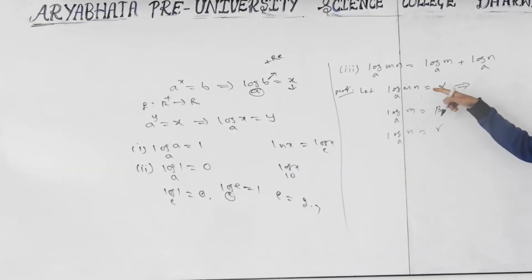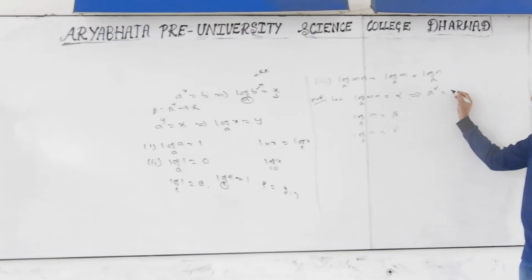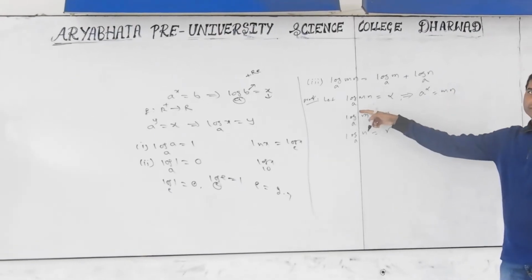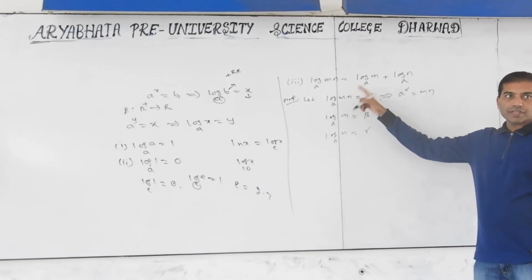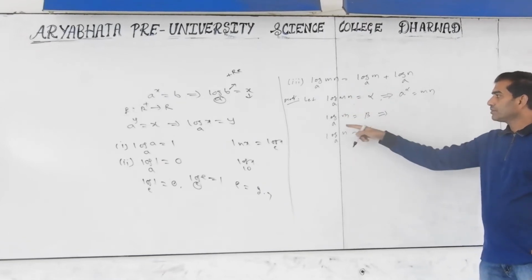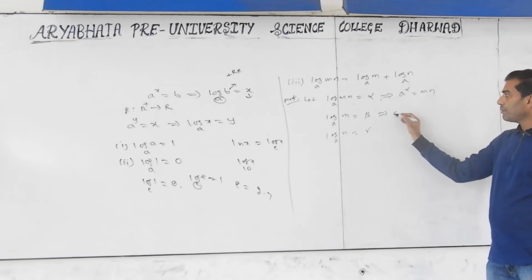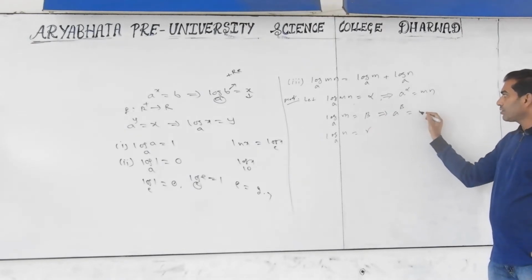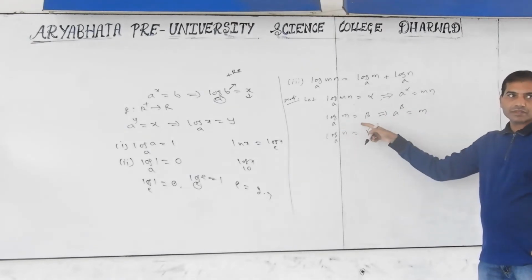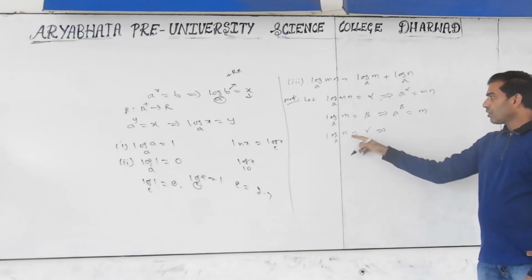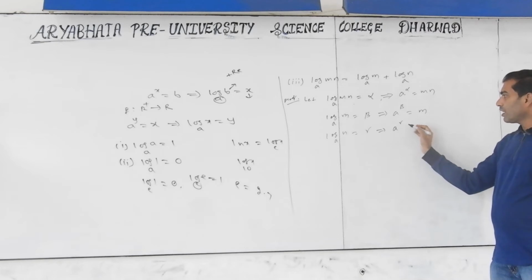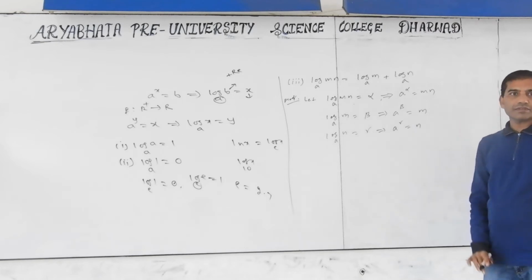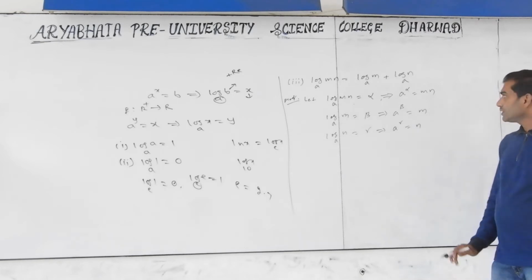How? Tell me, the exponential form is a power alpha equal to m into n. What about the others? A power beta equal to m. Next, log n base a equal to gamma, then a power gamma equal to n. Right?